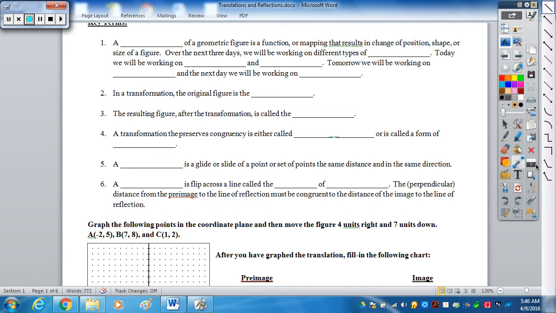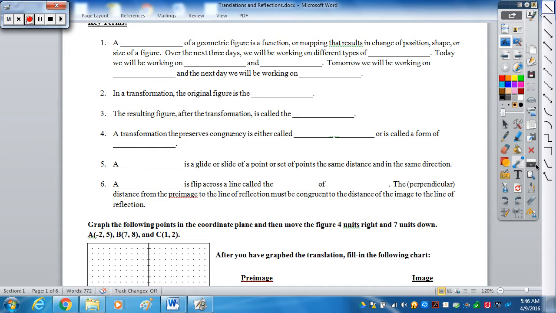Being a child of the 80s, when I look at the word transformation, my first thought goes towards the Transformers. I don't know if any of you have seen the movies, Optimus Prime, the Decepticons, Bumblebee. You have something that looks like an object, a semi or a car, and it transforms into something completely different.